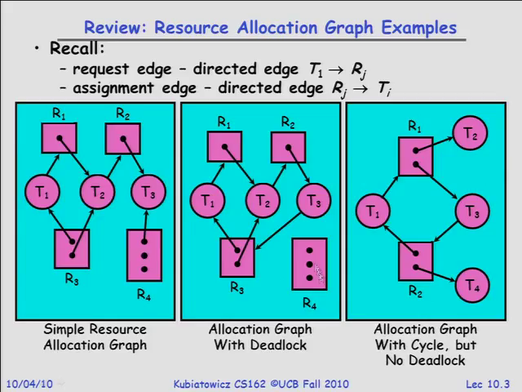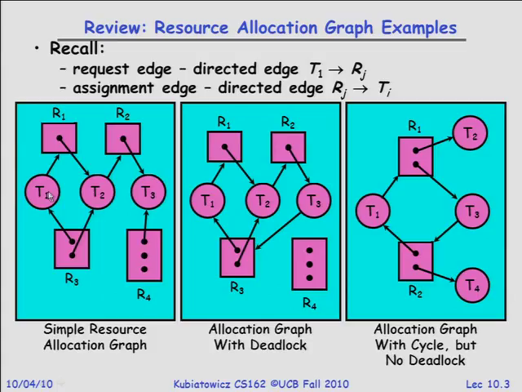Then the circles are the actual threads, and the arrows are waits-for arrows, essentially, where the thing at the tail of the arrow is waiting for the thing at the head. So, for instance, arrows going from threads to resources are cases where the thread is sleeping, waiting for a resource. Arrows going from resources to threads are cases where a resource is owned by the thread.